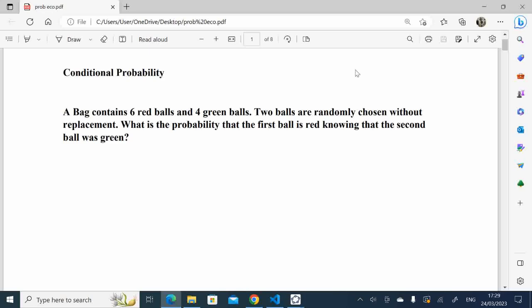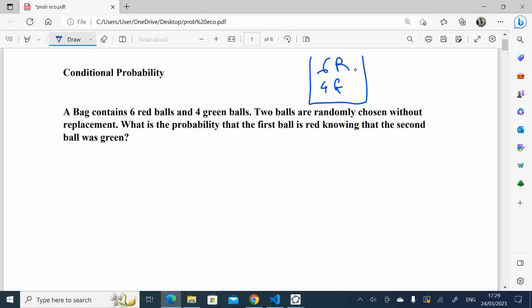So how to solve such a question? First let me set this given. Let me draw this urn. I start by drawing this urn and we have 6 red and 4 green. Again, we are choosing these 2 balls successively without replacement.